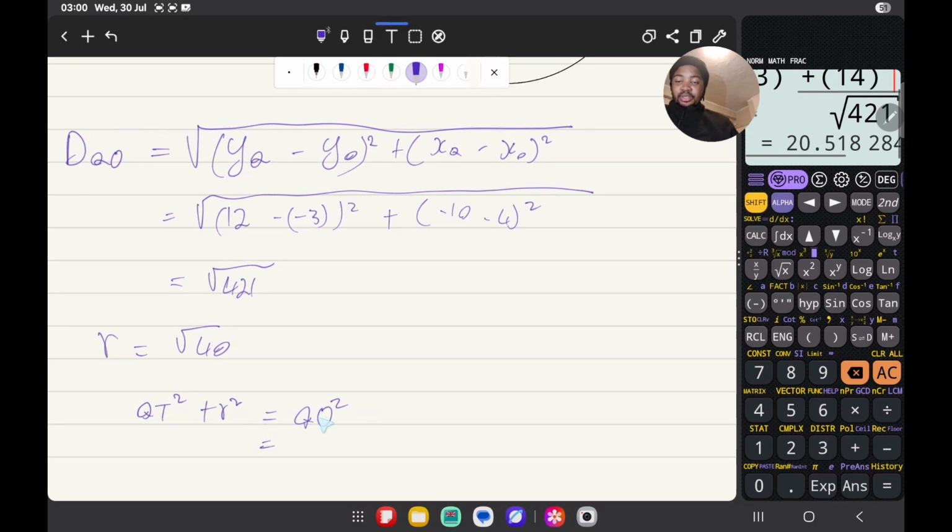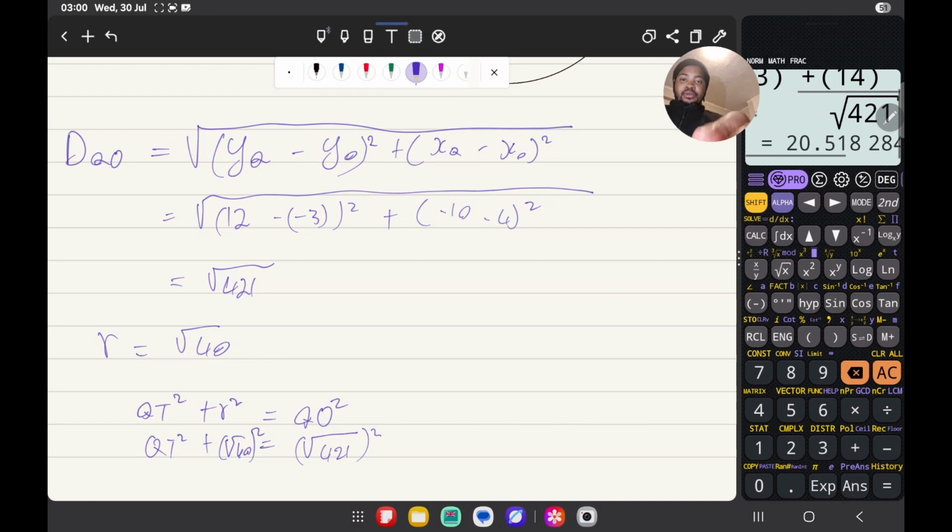This is what I'm going to use. I have my hypotenuse to be 421 squared, my radius to be 40 squared, and then QT squared, which is what I'm looking for.